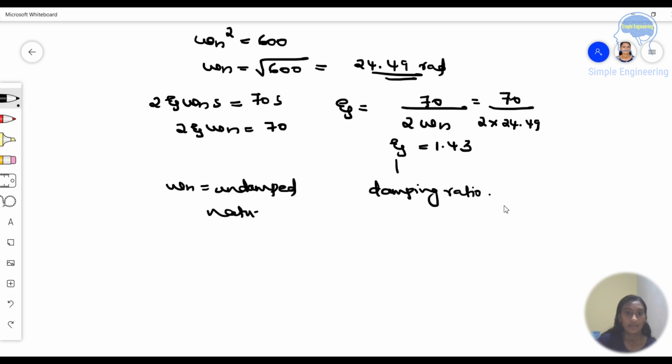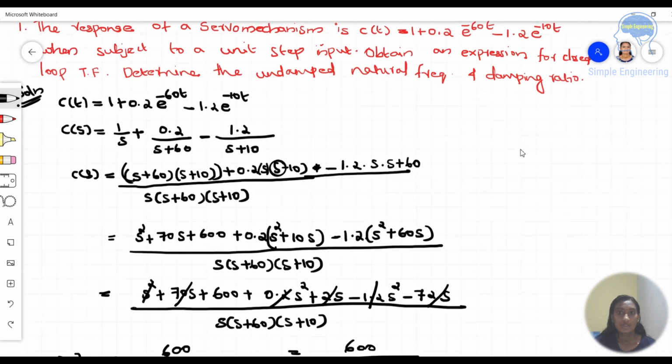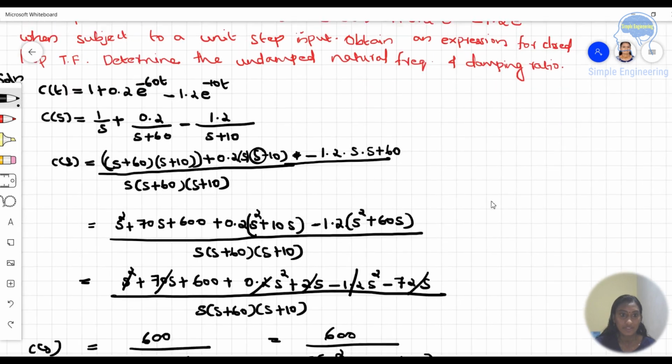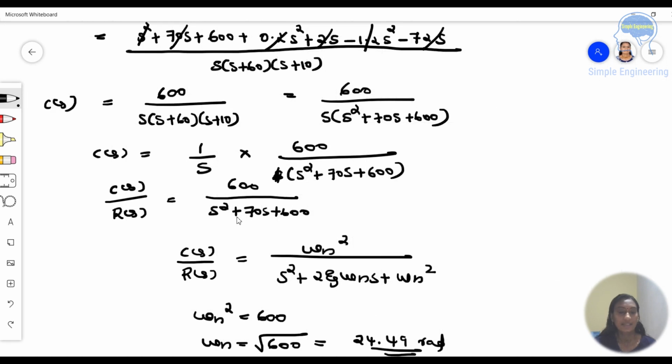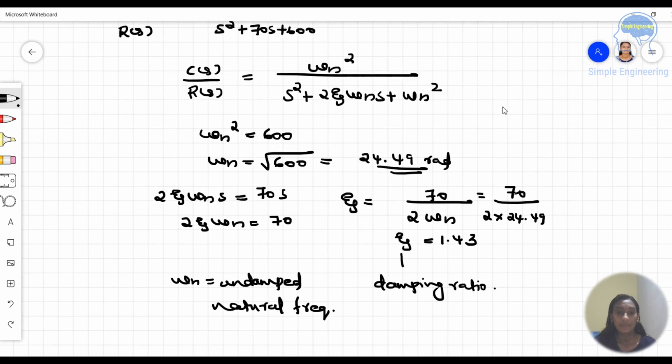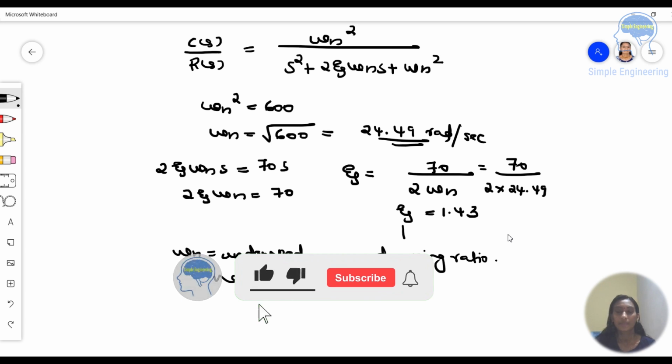Our question was to find the expression for the closed loop transfer function, that is C of s by R of s, which is equal to 600 by s square plus 70s plus 600, and to find the undamped natural frequency omega n. The natural frequency is 24.49 radians per second, and zeta, your damping ratio, is equal to 1.43.